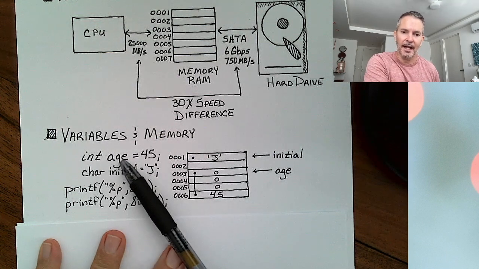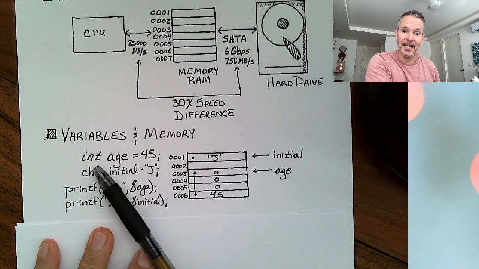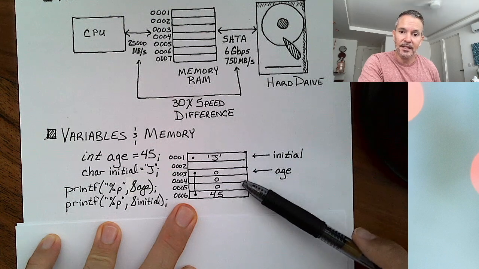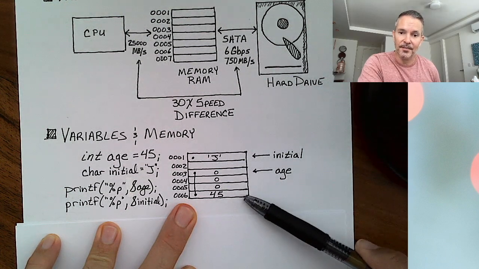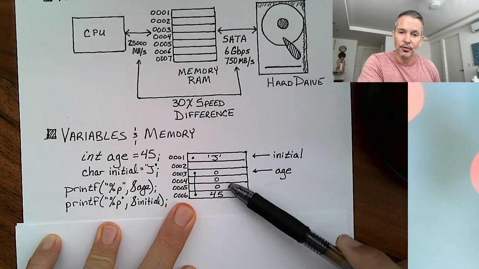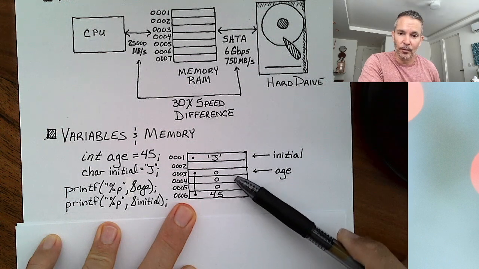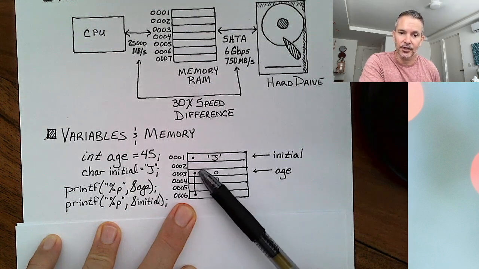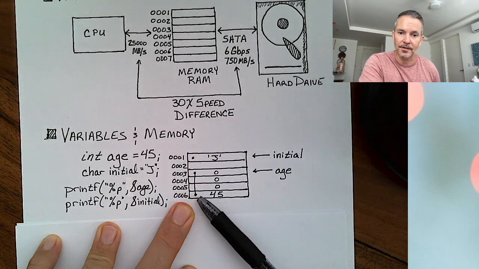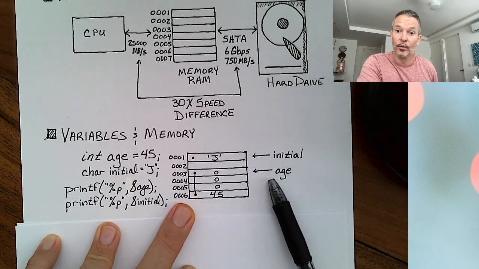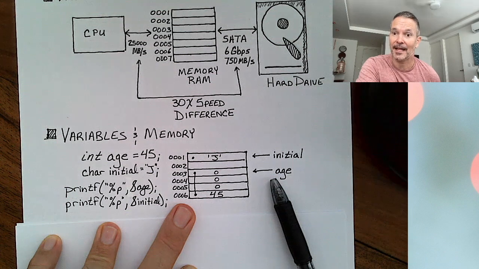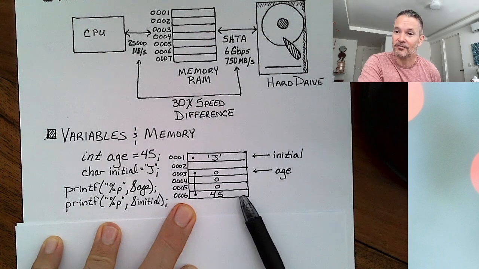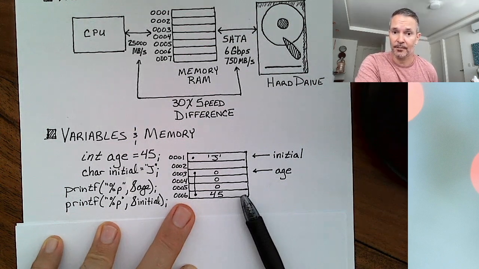If in a program I declare a variable called age of type int, the processor will assign 4 bytes of memory, and it will store the value 45 into those 4 bytes. And this section of memory, these 4 bytes, from address 003 to address 006, are now referred to in the program by the name age. So by creating a variable, I've just named a section of memory that I want to allow the program to access.